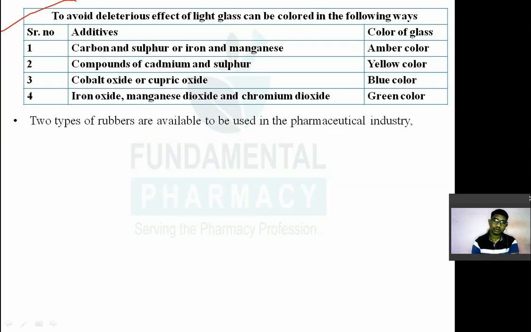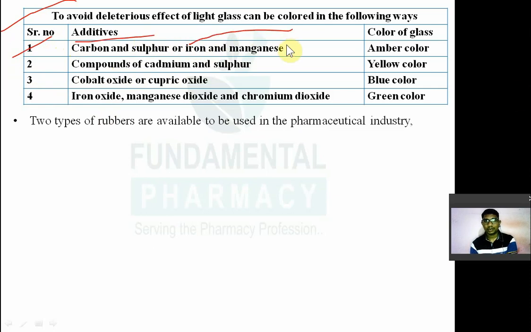A question came on this once: how is colored glass made? To avoid the deleterious effect of light, glass can be colored in the following ways. How do we give color to glass? The first is carbon and sulfur, or iron and manganese. Carbon and sulfur, and iron and manganese are combinations, pairs.